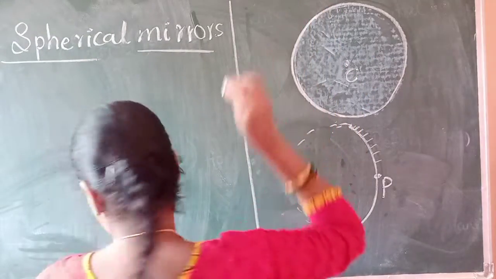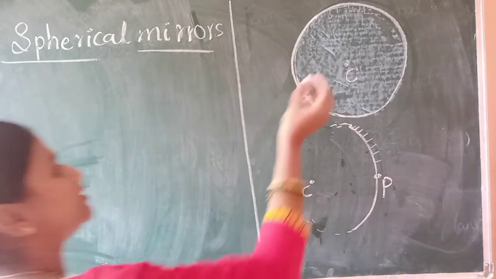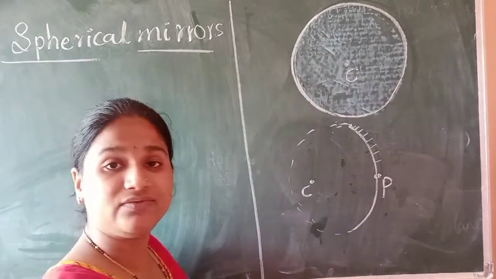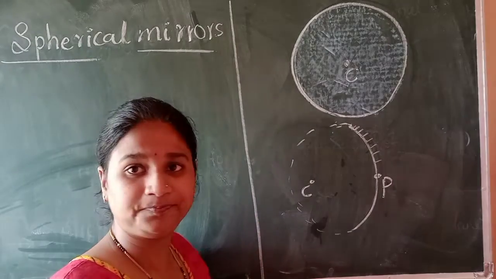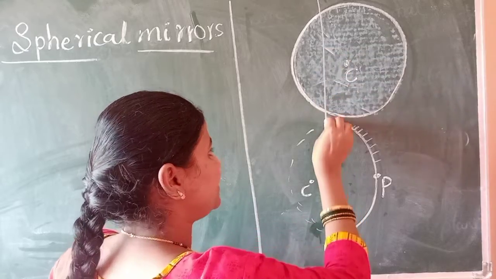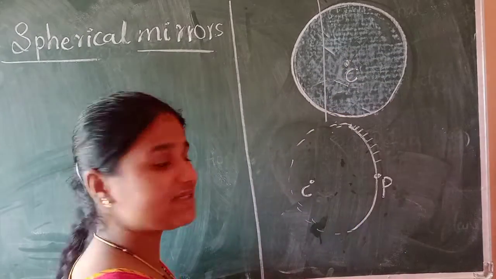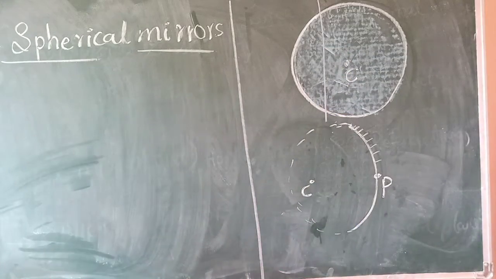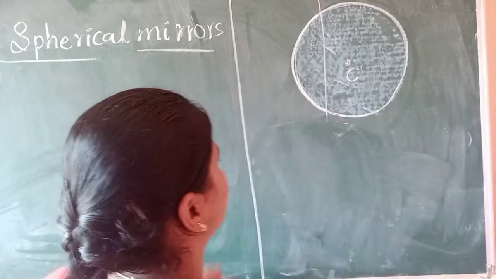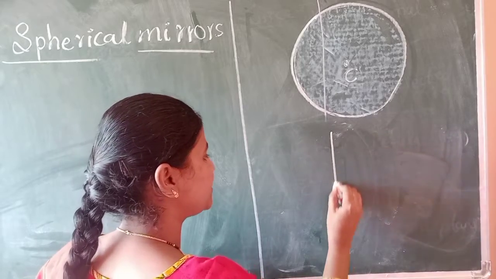Let us consider a circle or a sphere which is well polished. Then let us cut a surface like this. So what happened now? This part is separated. Let me do the same here.